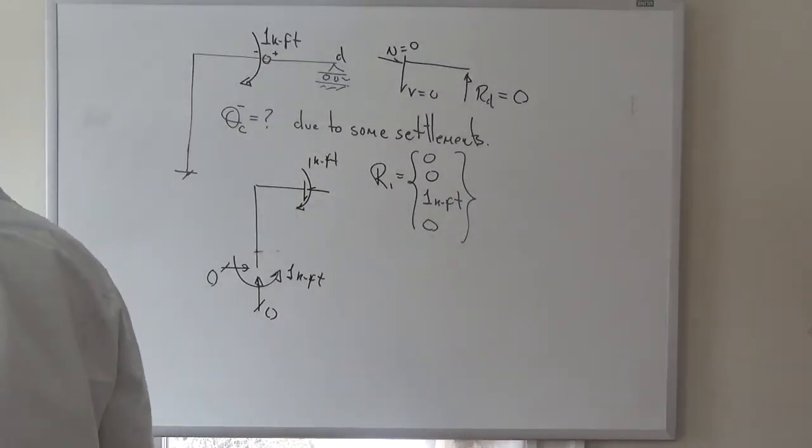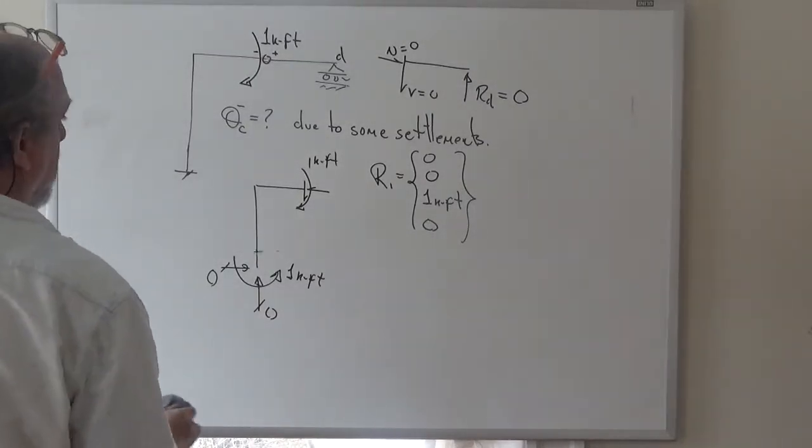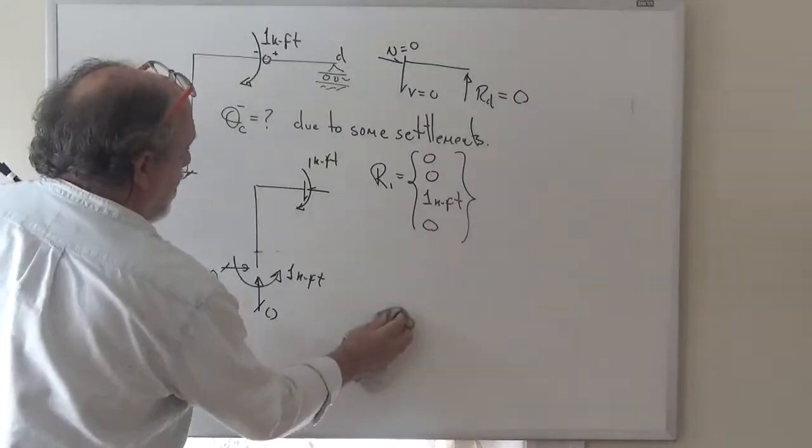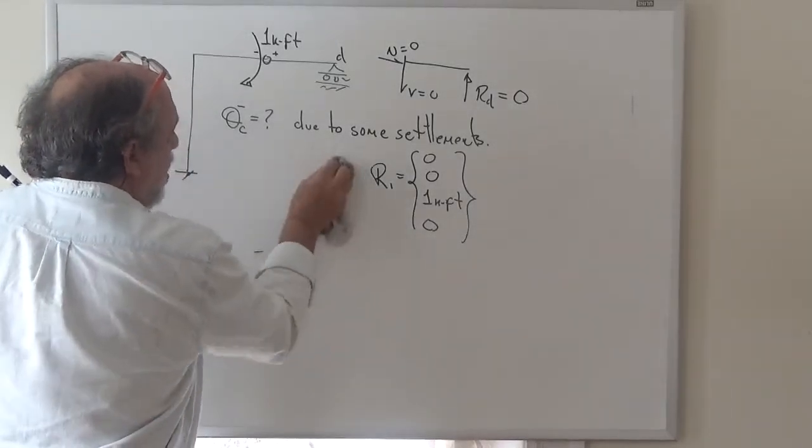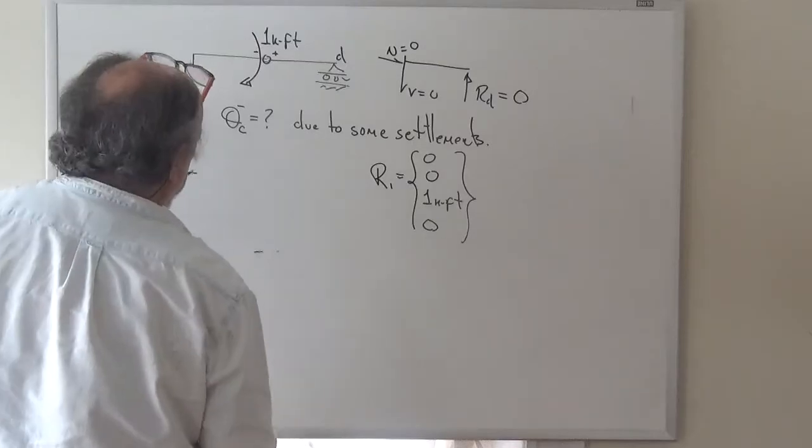Now we list our settlements, and in order to list our settlements I have to say what they are. So what do we want to say?